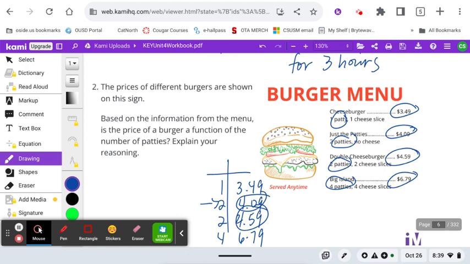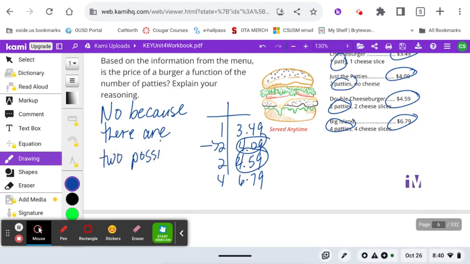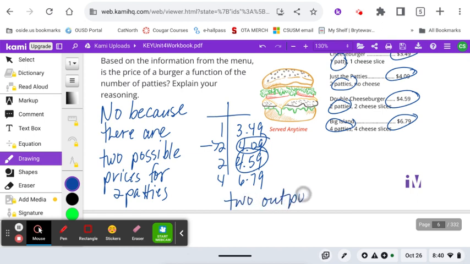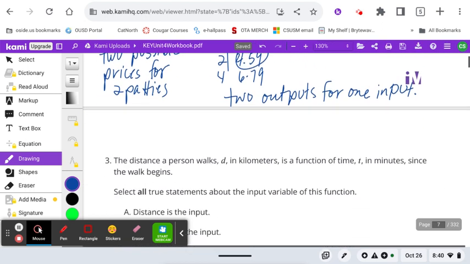No, because there are 2 possible prices for the patties, it means there's 2 outputs for the same input. Okay, write that up in your own words, and that's perfect.